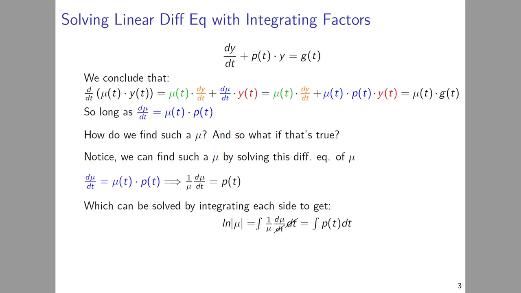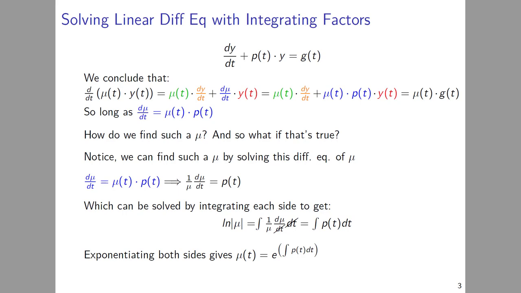And the integral of 1 over mu d mu is the natural log of the absolute value of mu. So exponentiating both sides gives mu of t is equal to e to the integral of p of t dt. While it's a little bit of a messy formula, it gives us a way to find mu of t to ensure that the equation above is true.